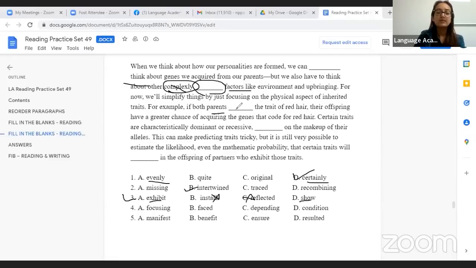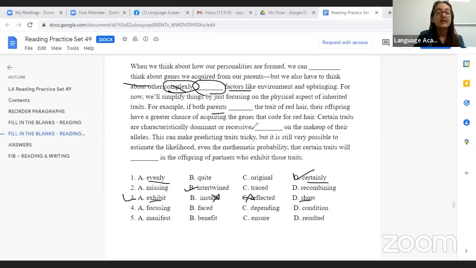If both parents show or if both parents exhibit the trait of red color, then their offspring have a greater chance of having red color. Certain traits are characteristically dominant or recessive, dash on the makeup of their alleles. Okay, the sentence is complete. In place of the full stop, they have used a comma.